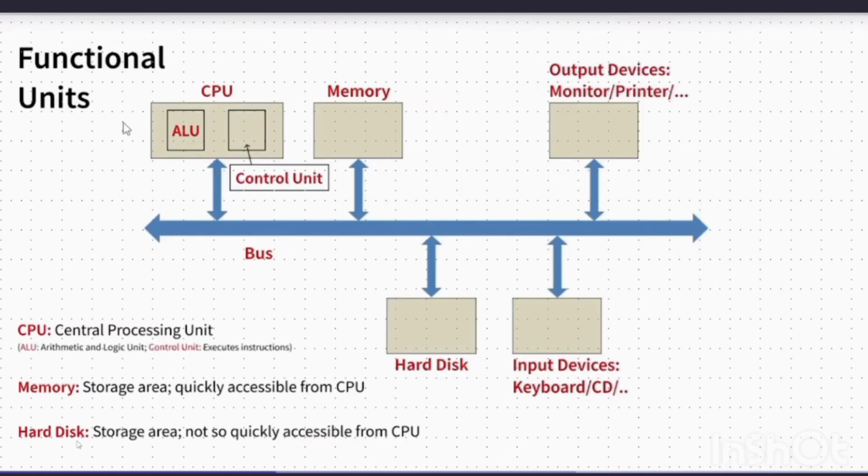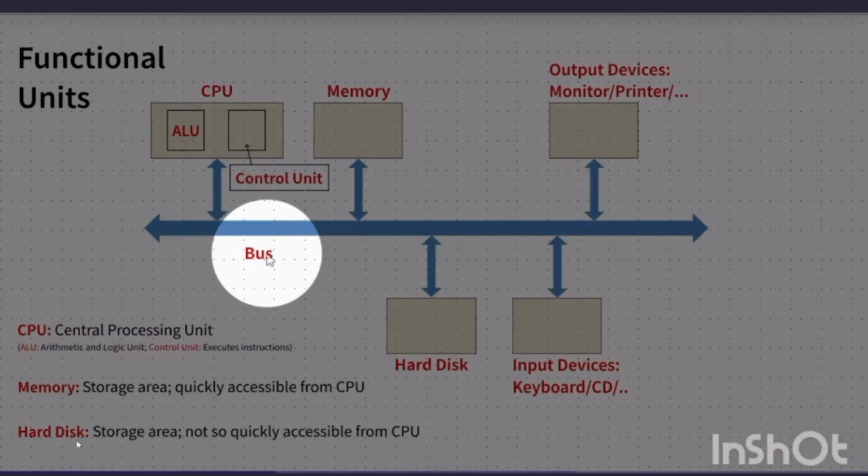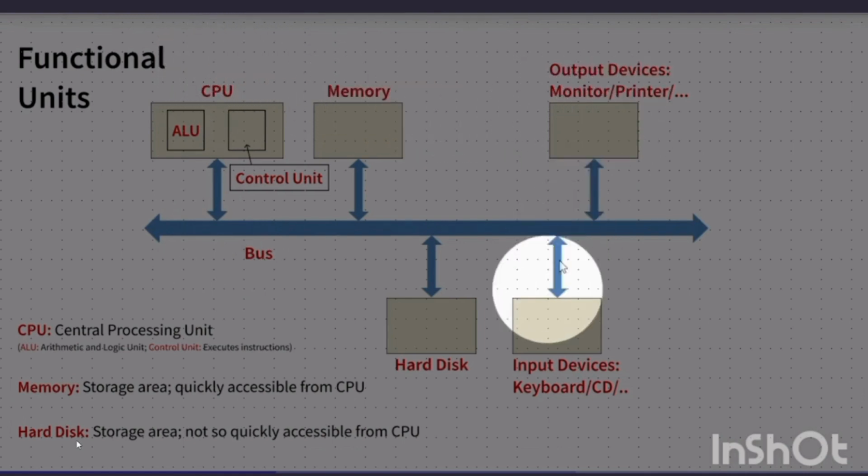This simple flowchart tells us how the entire process occurs inside a computer. Functional units. Now, let us see how it works like a bus. A bus is used to facilitate the transfer of data between various components within the computer system. It serves as a communication pathway that allows the CPU, memory, and input-output devices to exchange data and commands.